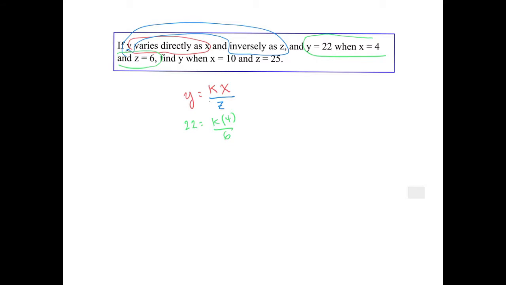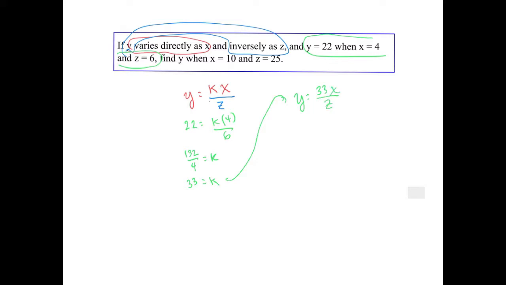That would give me 132 over 4, and that would simplify down into, well, let's see, 33. So my relationship in this problem then is y equals 33 times x over z.